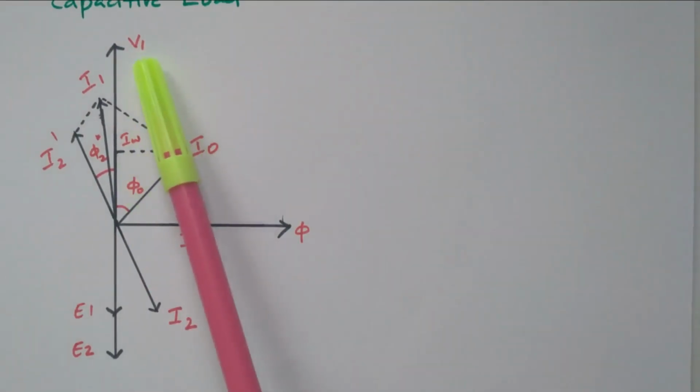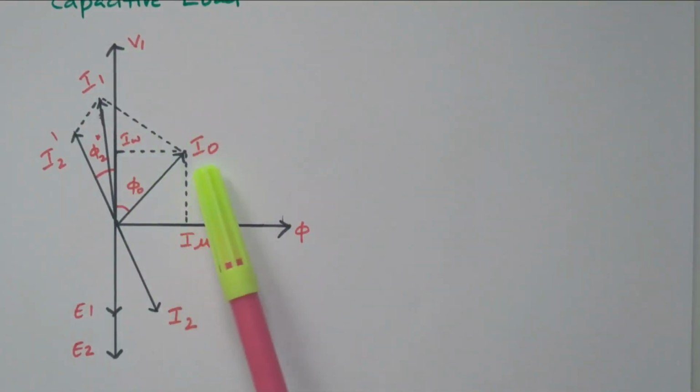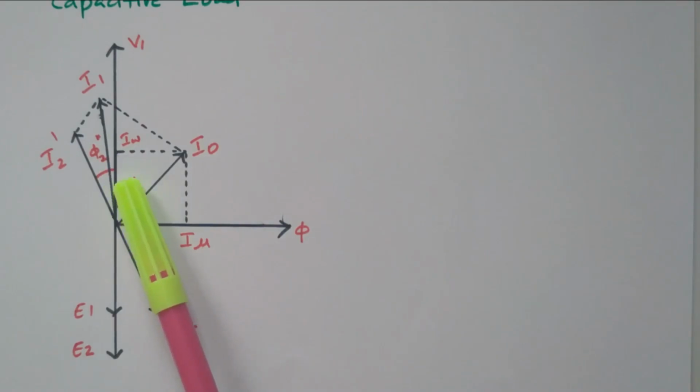The applied voltage V1 is taken as reference. The current I0 during no-load condition is the vector sum of IW and I mu. This I mu is 90 degrees opposite to V1 and produces the flux phi. The working component is in phase with the applied voltage. Now when the transformer is loaded, we get the current I2 in the secondary winding.